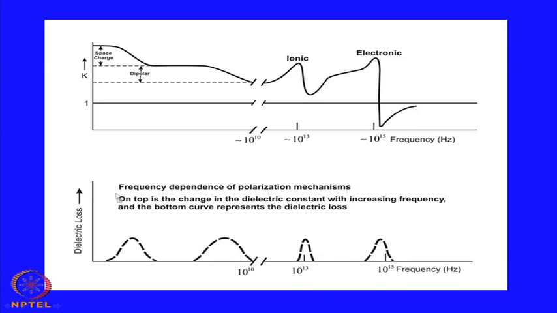So, this is the additional information in this particular picture compared to the previous picture. Okay. On the top is the change in the dielectric constant or the polarizability, which is basically proportional, with increasing frequency, and the bottom curve represents the dielectric loss. Okay. So, this is a typical frequency dependence of dielectric behavior of different materials.